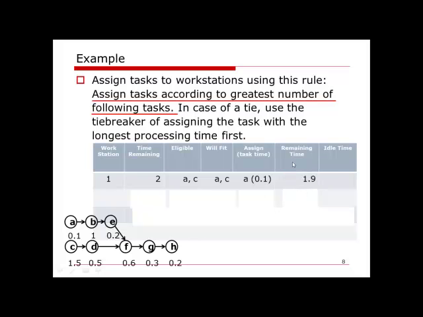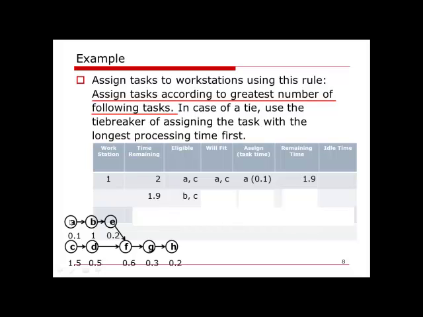So the remaining time will be what is left after we finish the assigned task. What will be the time remaining in the current workstation? Now, since we have 1.9 minutes available, we can try to assign more tasks to workstation 1. So next step, we'll start with 1.9 minutes, which is the remaining time.